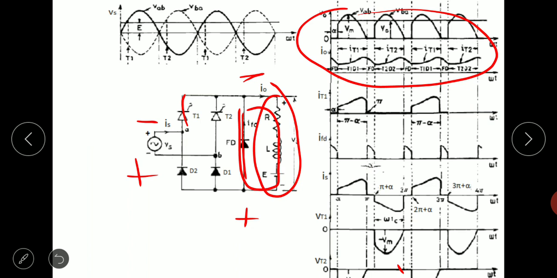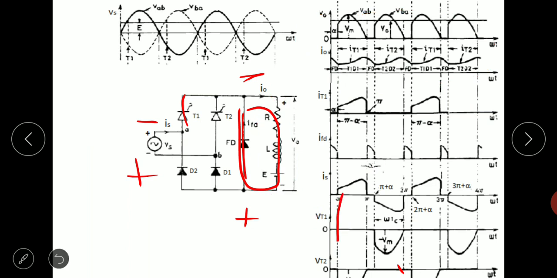If we want to draw the waveform for thyristor voltage VT1, we can analyze it between alpha and pi. Between alpha and pi, the thyristor was conducting, therefore its voltage was 0. The question is between pi and pi plus alpha.